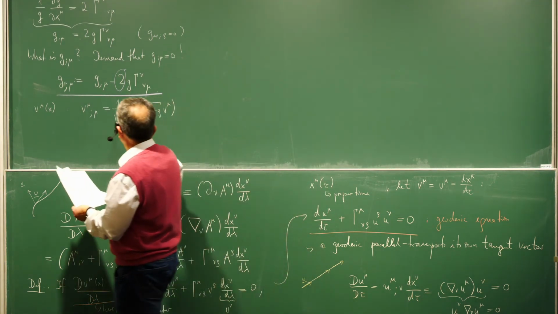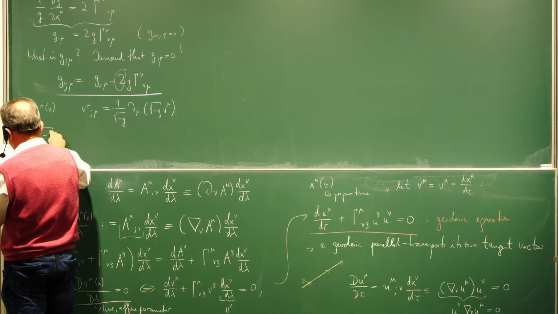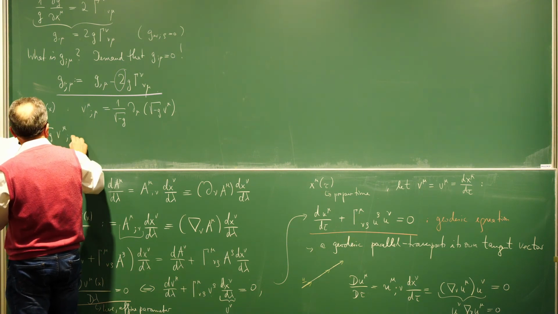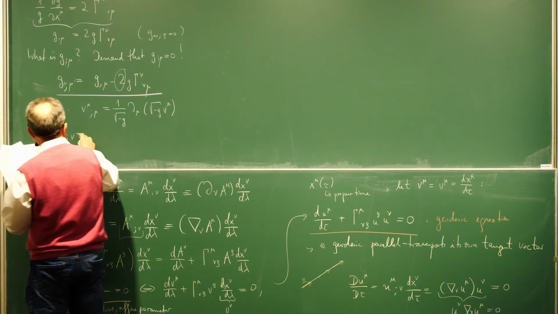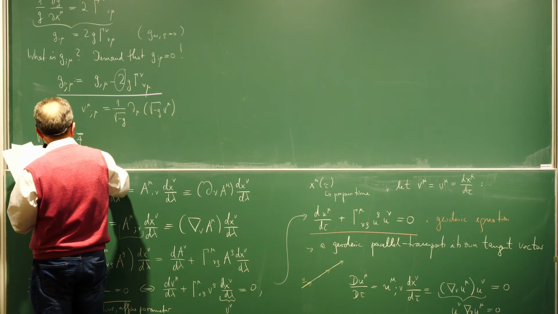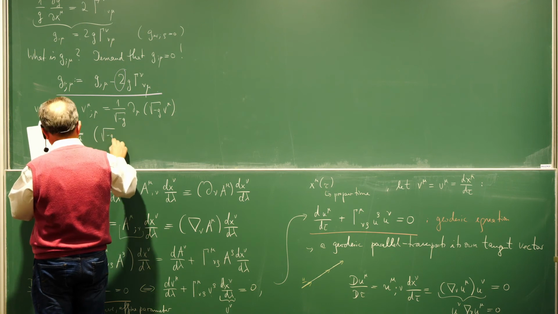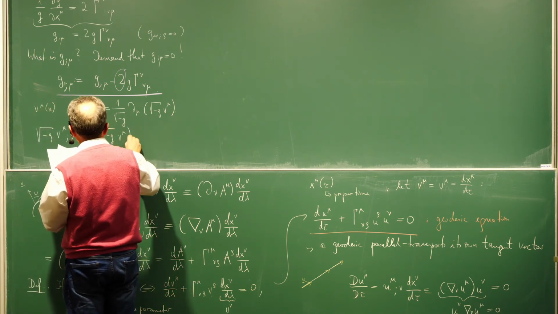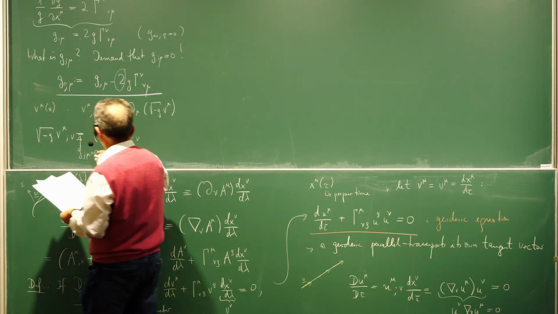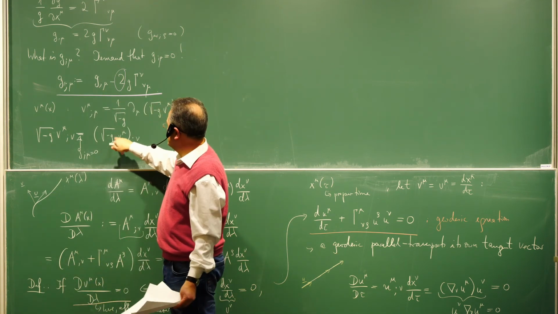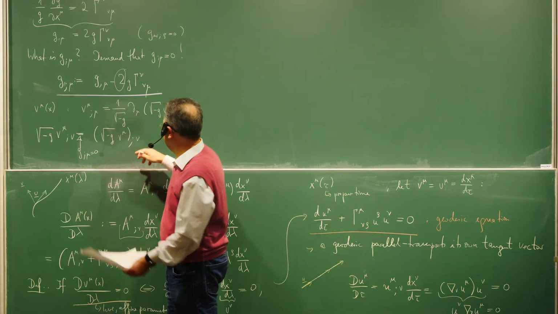So if we multiply this by square root of minus g, then we have that this is as follows. And we use that g_{;μ} is 0, then we can write it as square root of minus g v^μ_{;μ}, because here this semicolon does not see the g.